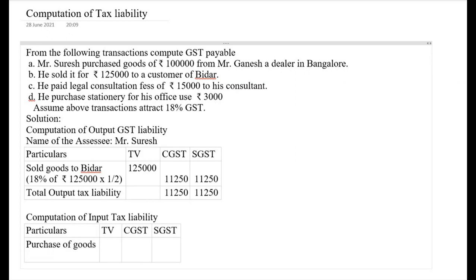Here the rate of GST is 18%. So 18% of the value of the goods purchased, it comes to rupees 1 lakh. So 1 lakh multiplied by 1/2, because the rate of CGST and SGST remains same here. So I will write here the transaction value as 1 lakh. It comes to 9,000 here.